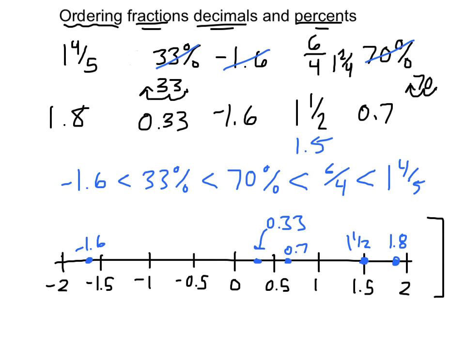So there's all 5 numbers put in order from smallest to largest by converting them all to decimals and putting them all on a number line.